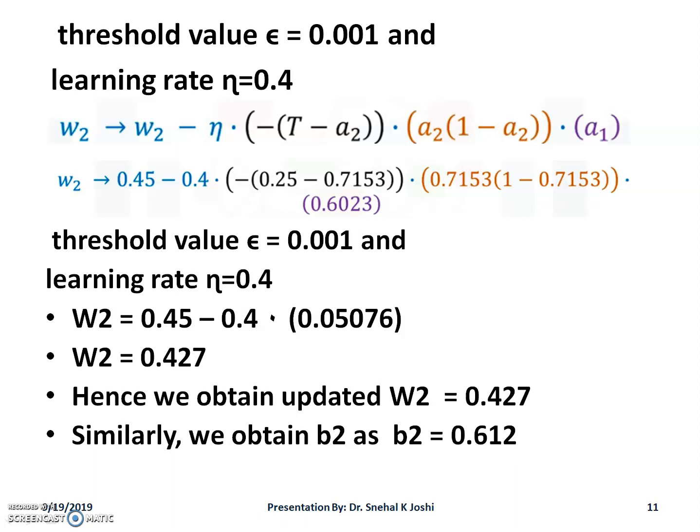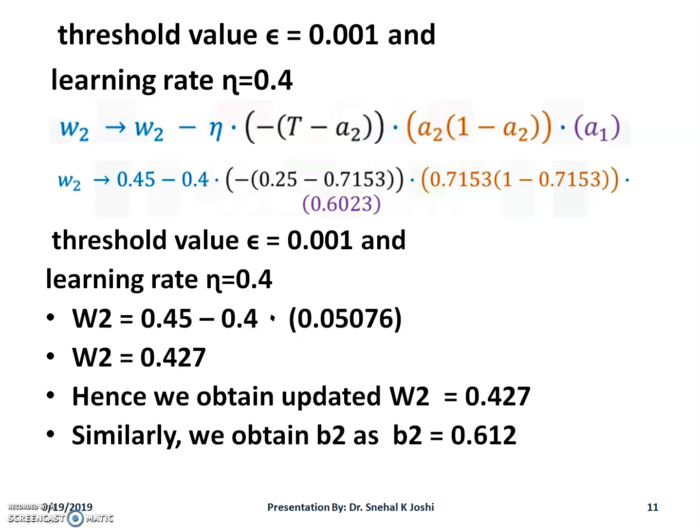We have already derived the equations to update W2, B2, W1 and B1 in previous slides. Let us just put our obtained values Z2, A2, Z1 and A1 in those equations to obtain the updated weights and biases.